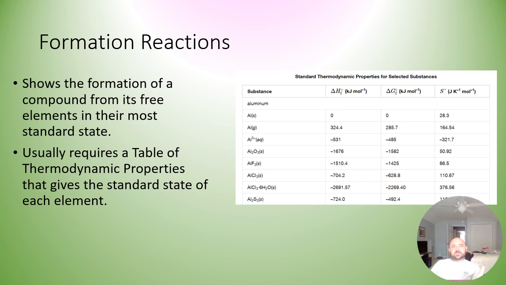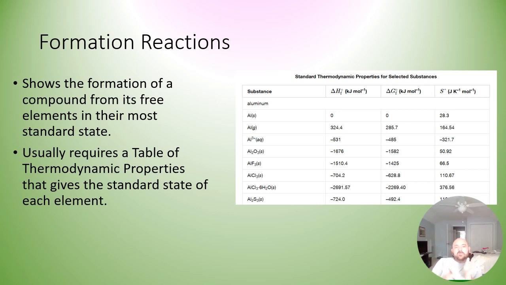So these formation reactions, again, I want to explain a little bit more in detail. They show the formation of a compound from its free elements in their most standard states. What that means is, when we write a formation reaction, we break a compound down into its individual elements and show those being formed.